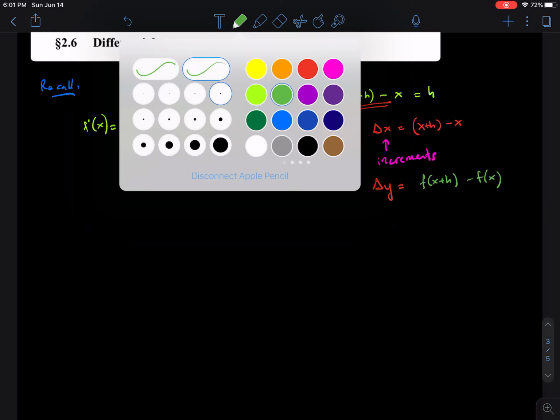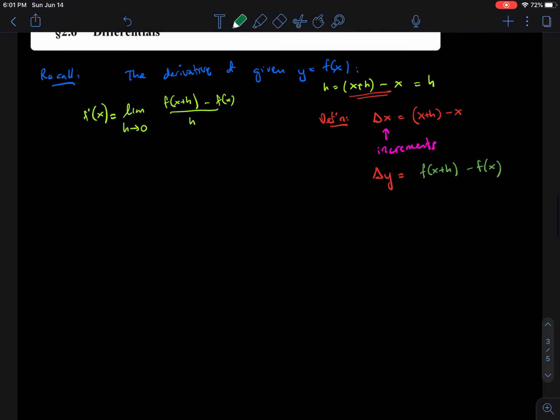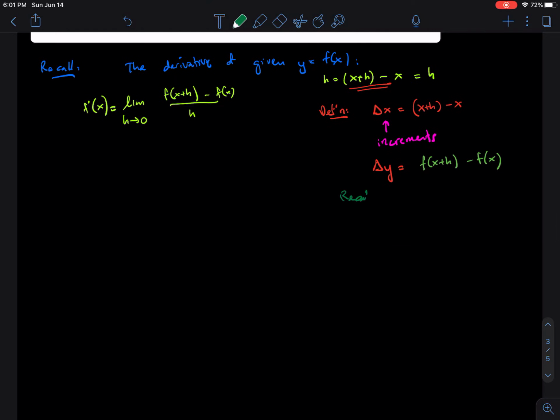If you're not familiar with this notation, it's similar to the slope formula, y2 minus y1 over x2 minus x1. Think of this as your delta x and this as your delta y. But this is much more than just linear. What we define here is the slope function for any function, not just lines.